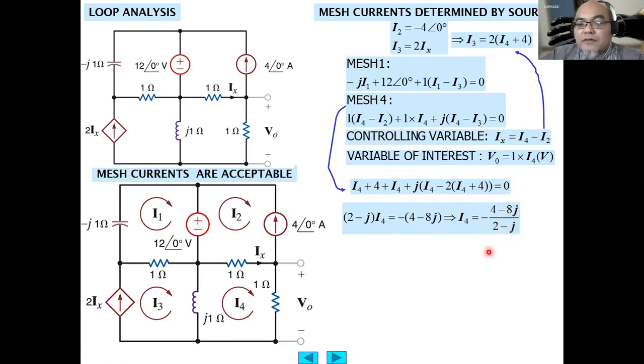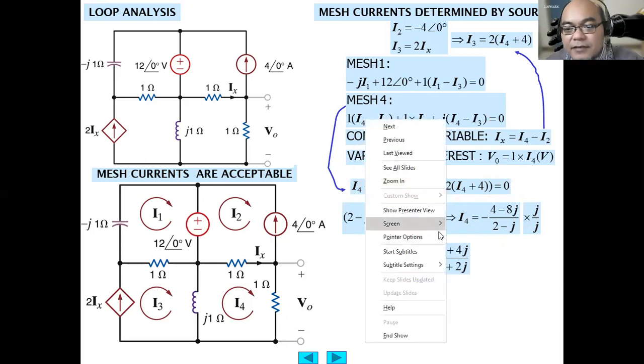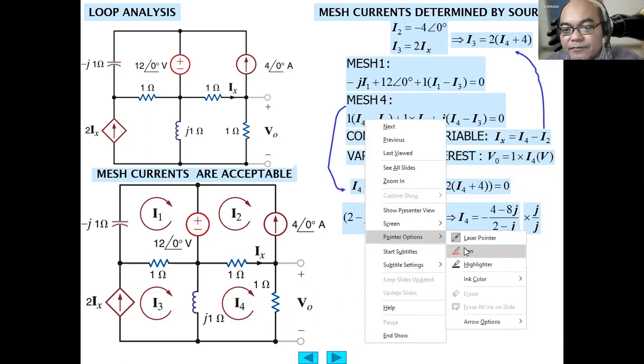The V output is basically this I4 times 1. To simplify, we multiply by J and J. Let's calculate ourselves.